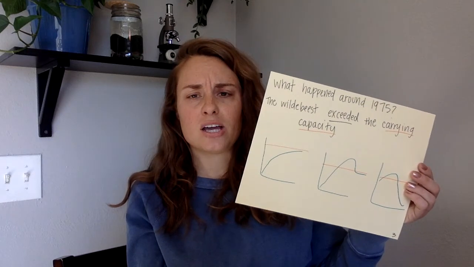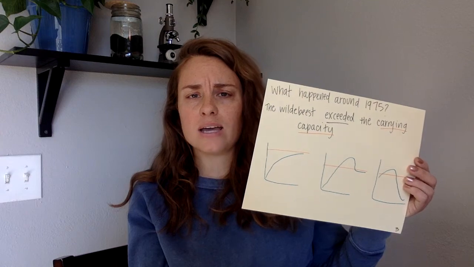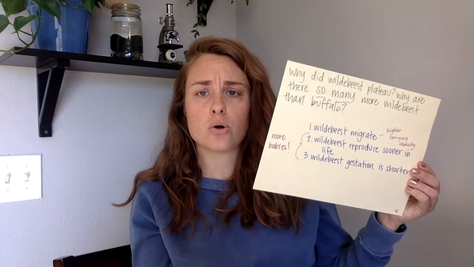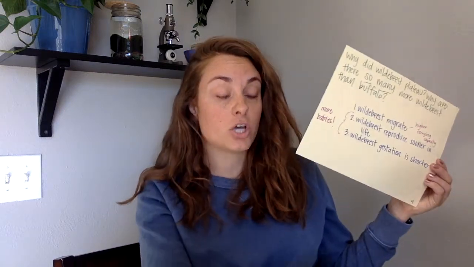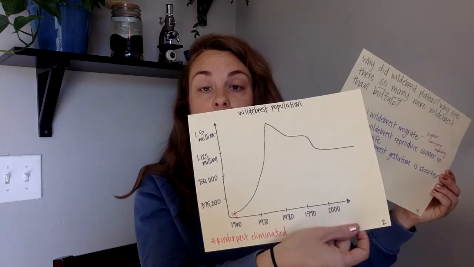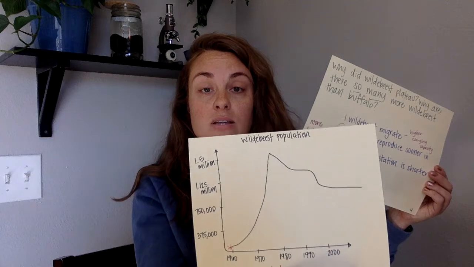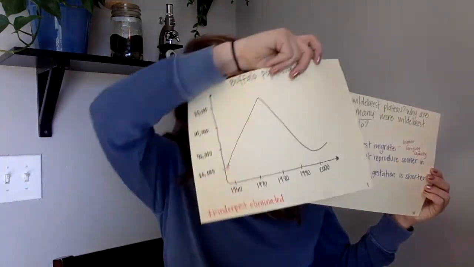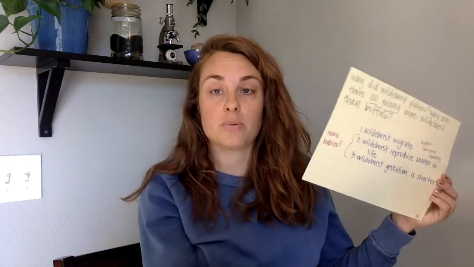So let's talk about why this happened, why this change. So the wildebeest population plateaued. So we see that the population is a lot higher and goes down not as drastically as the buffalo population.